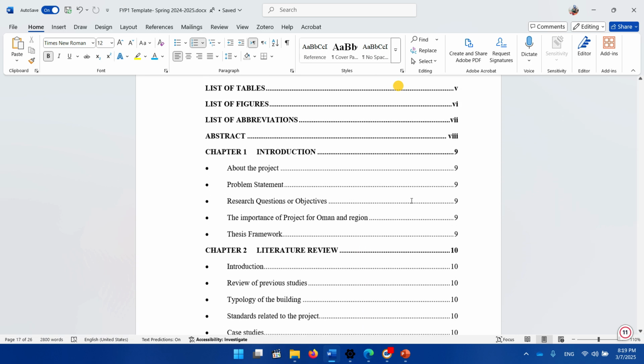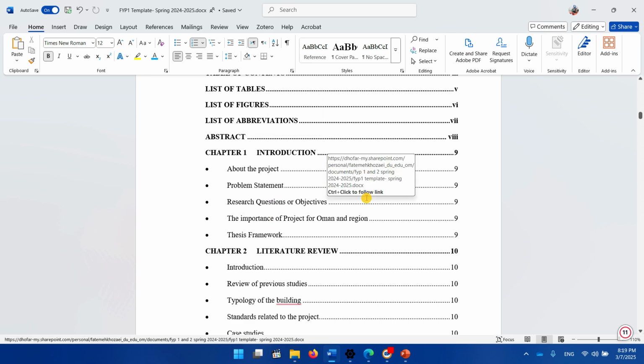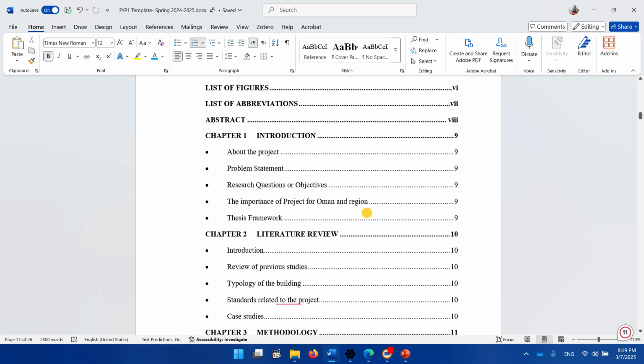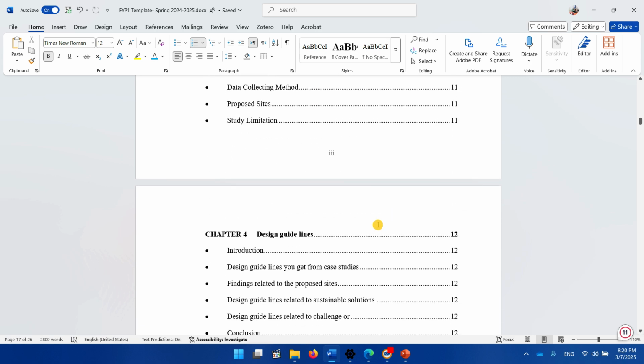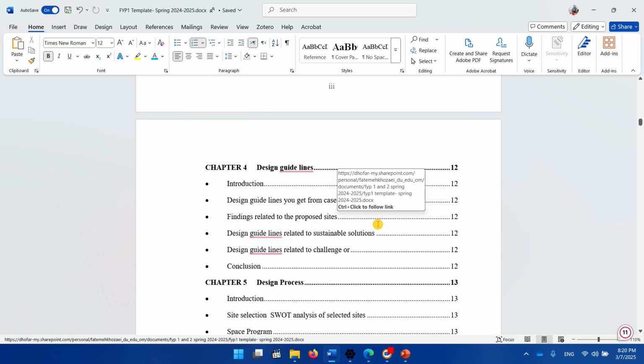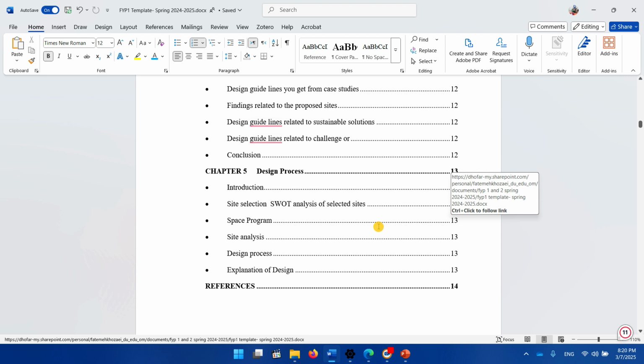So what is each of these chapters about? Chapter 1, introduction. Chapter 2, literature review. Chapter 3, methodology. Chapter 4, design guidelines. Chapter 5, design process.